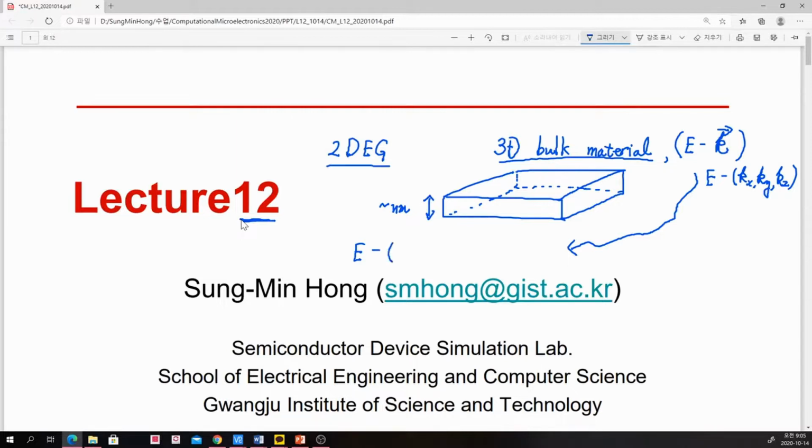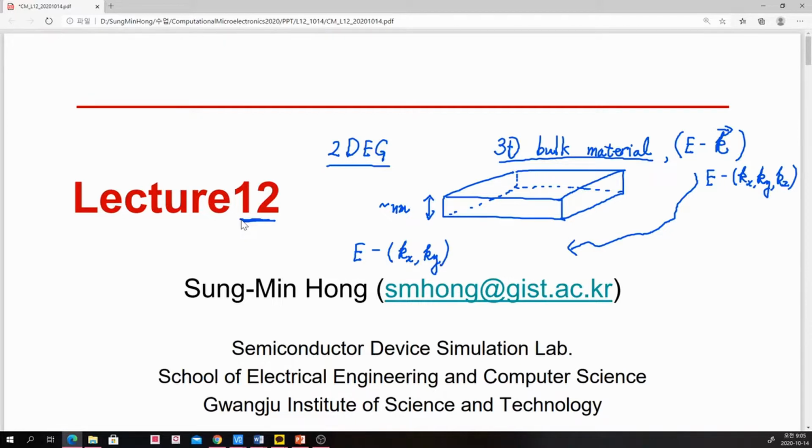It should be regarded as kx and ky, because the motion is allowed along the x direction or y direction. Z directional motion is not allowed, so it is not appropriate to consider momentum along the z direction.